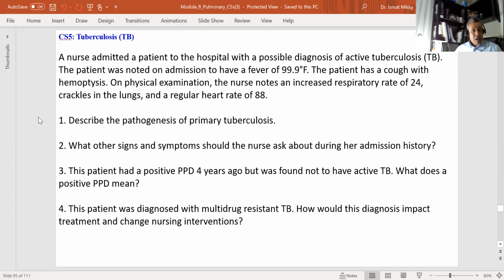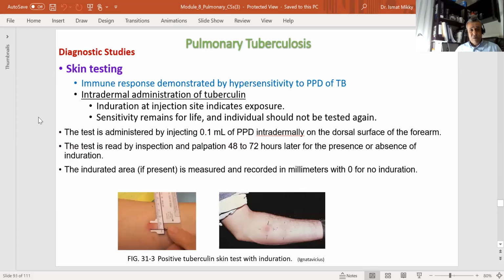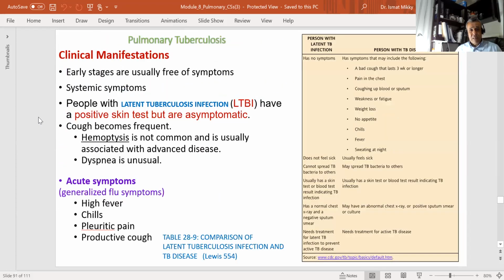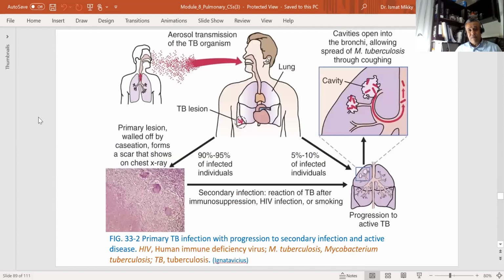I'm just going to go back to the pathophysiology figure. This explains very well the disease process of pulmonary tuberculosis.